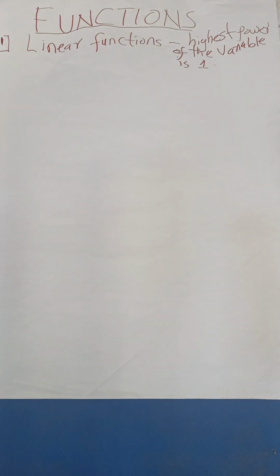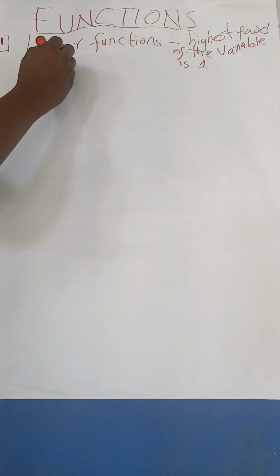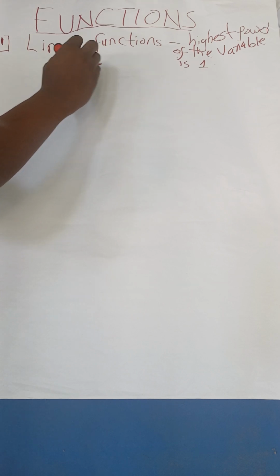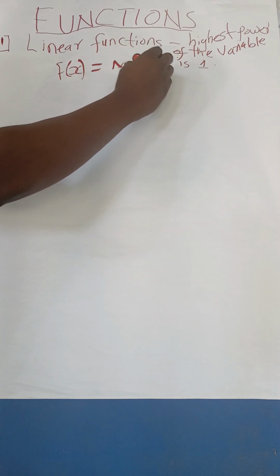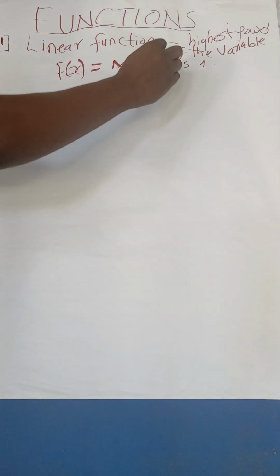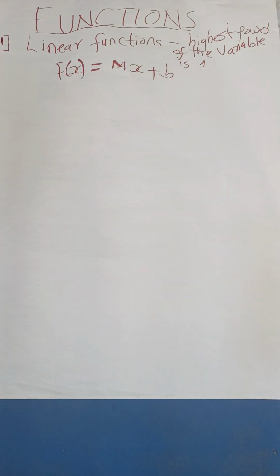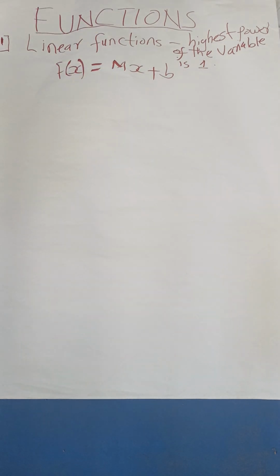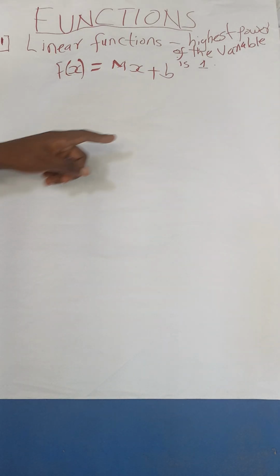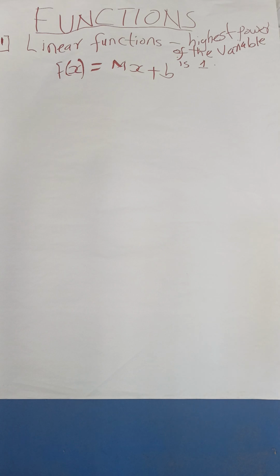So the general form, the linear function is always given in the form of f(x) equals mx plus b, whereby this m is always the slope, and b is always the y-intercept.